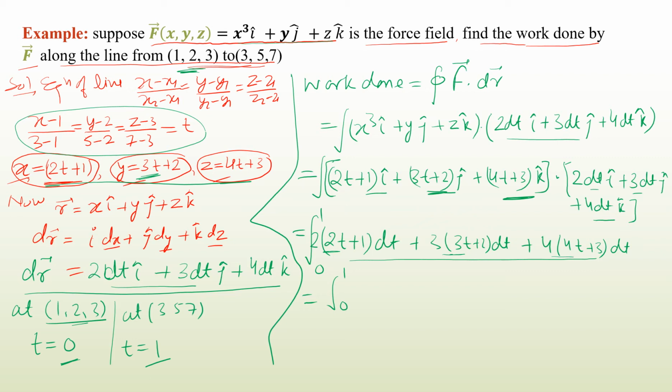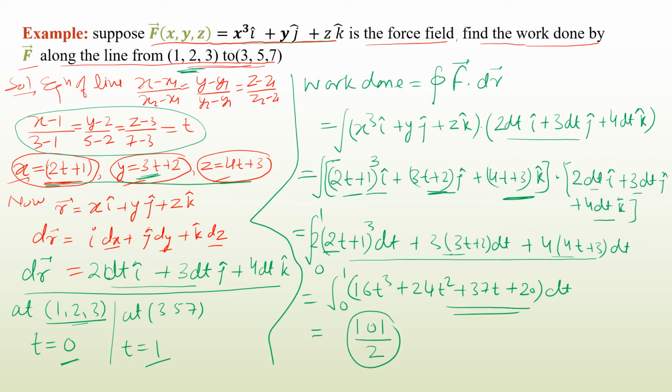Sorry, here we have a cube, that is x cube, so we write (2t plus 1) whole cube, and after expanding this and simplifying we get the integral of 16t cube plus 24t square plus 37t plus 20 dt, and on integration and substituting the limits we get 101 by 2. You can easily integrate that term. In that way we can evaluate the work done by using the line integral.